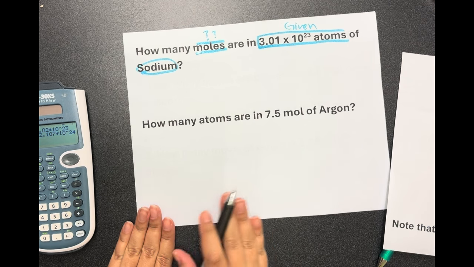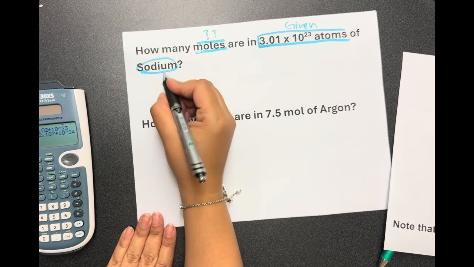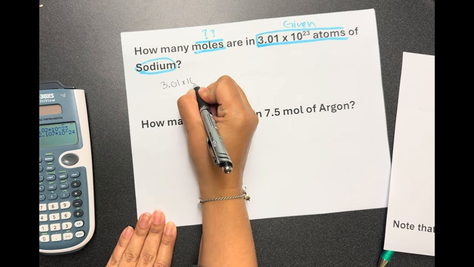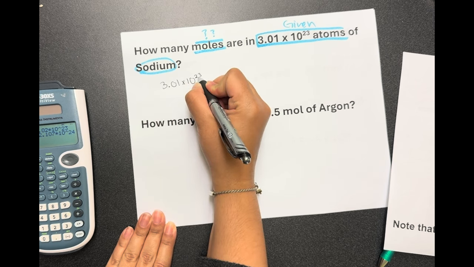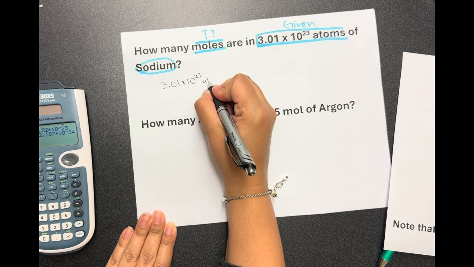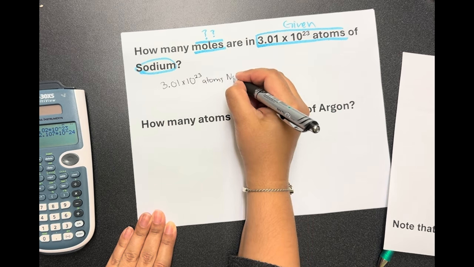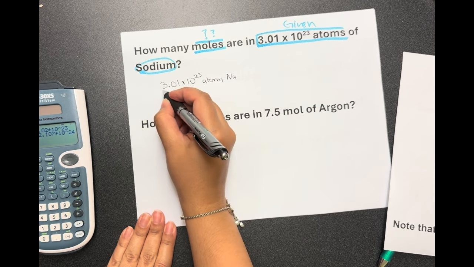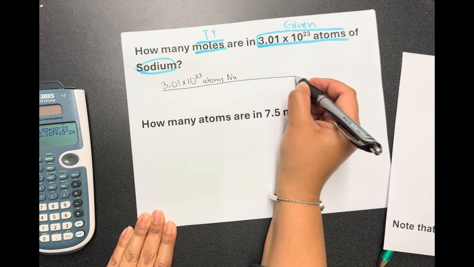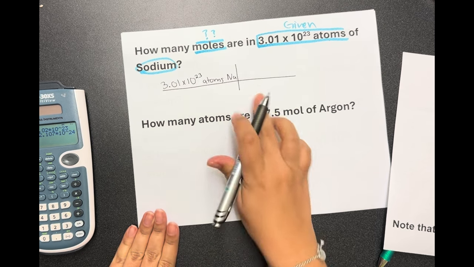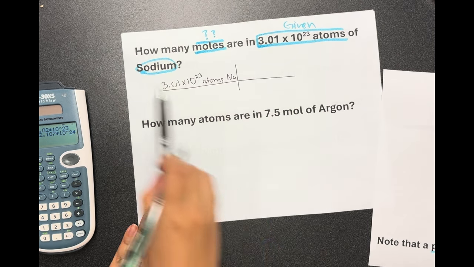Again, the first thing I'm always going to do is start with what's given. I'm going to write the number 3.01 times 10 to the 23, the unit, atoms, and the element that is given, sodium. Next, I'm going to write a horizontal line, then a vertical line. My next step is to write a conversion factor.